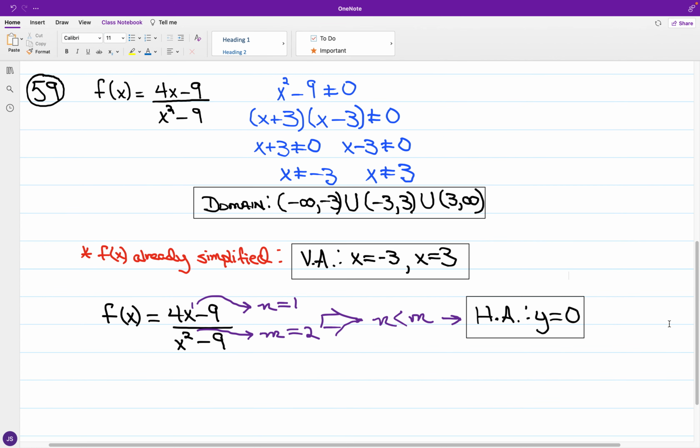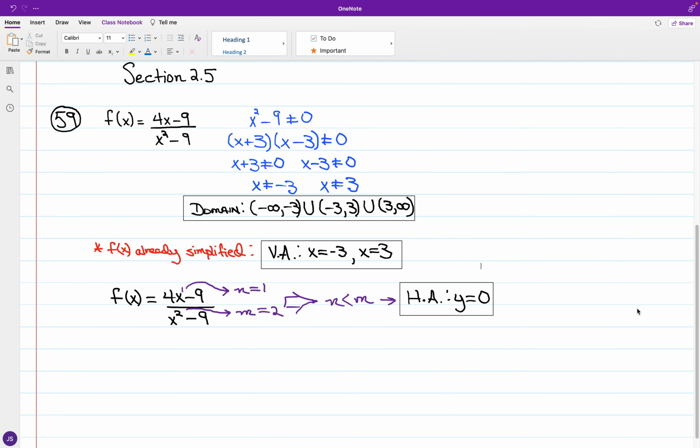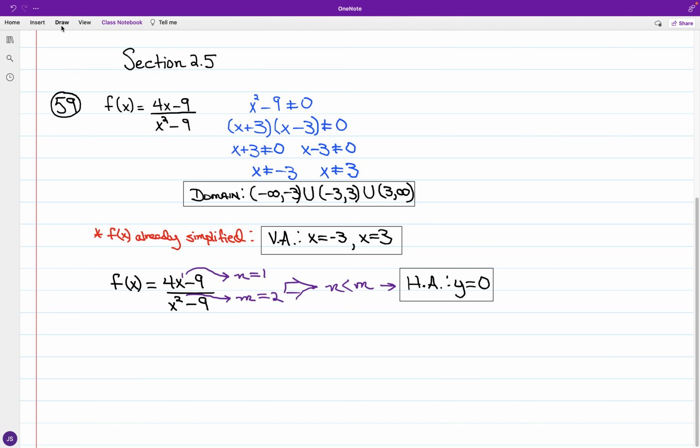Now, for what we have in terms of the graphing, we have three asymptotes: two vertical with x equal to -3, x equal to +3, and a horizontal asymptote, y is equal to 0.